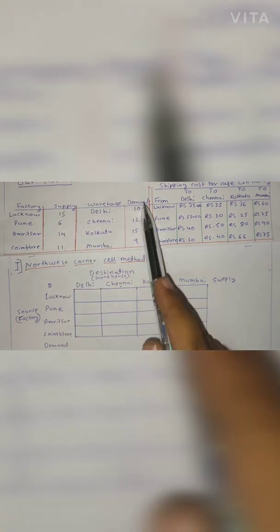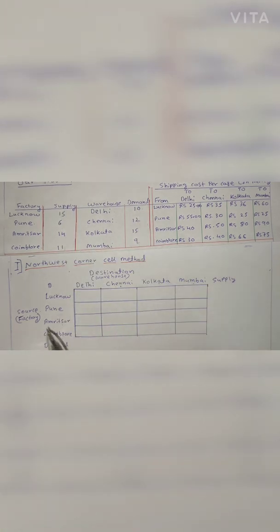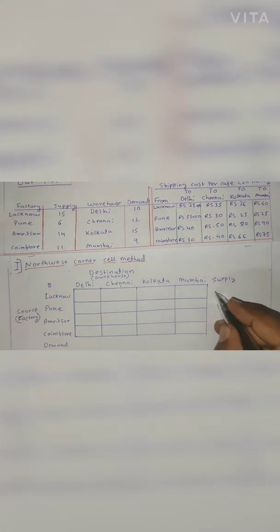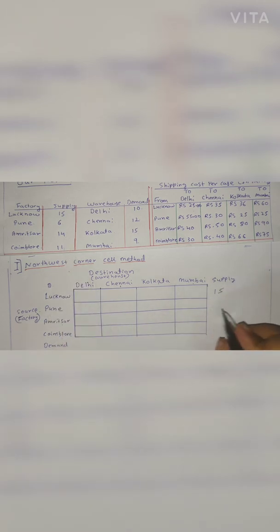We are given supply over here, we are given demand over here. First we'll write the supply. Supply from your Lucknow factory is 15. Supply from your Pune factory is 6. Supply from your Amritsar factory is 14. Supply from your Coimbatore factory is 11.